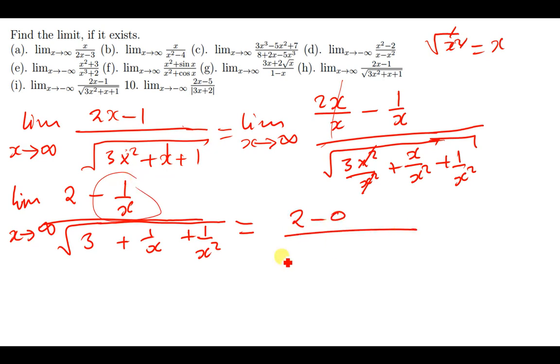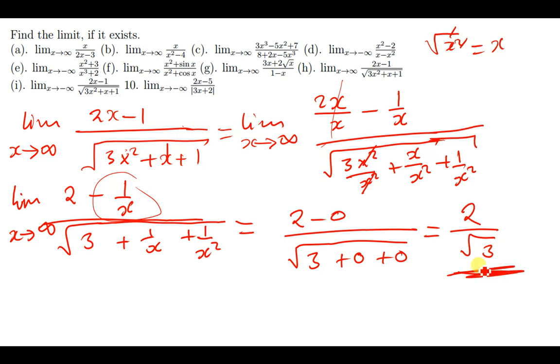Then down here the limit of this part will just give us the root of 3, and then there you get a 0, then you also get a 0 on that other part. So the final solution you're going to have is just 2 over the root of 3. So this is the answer to this expression.